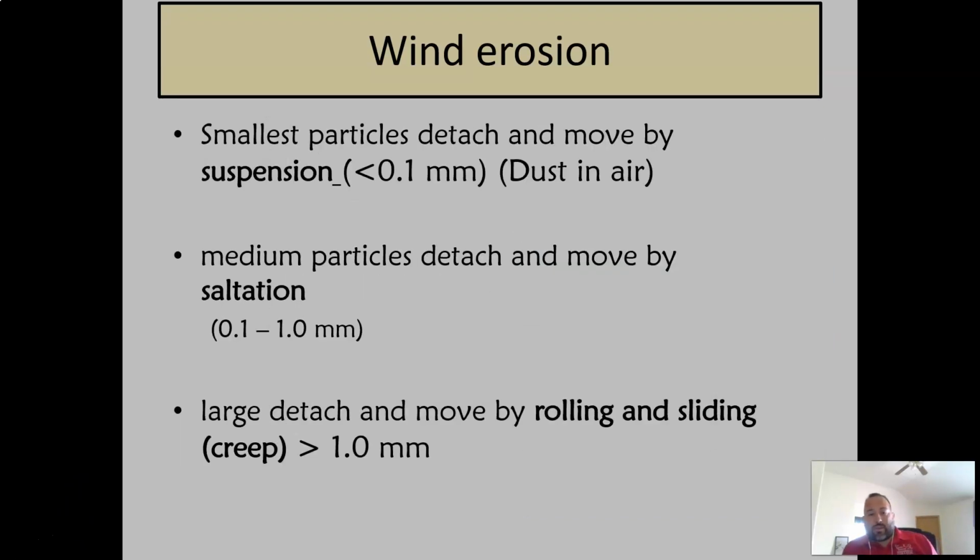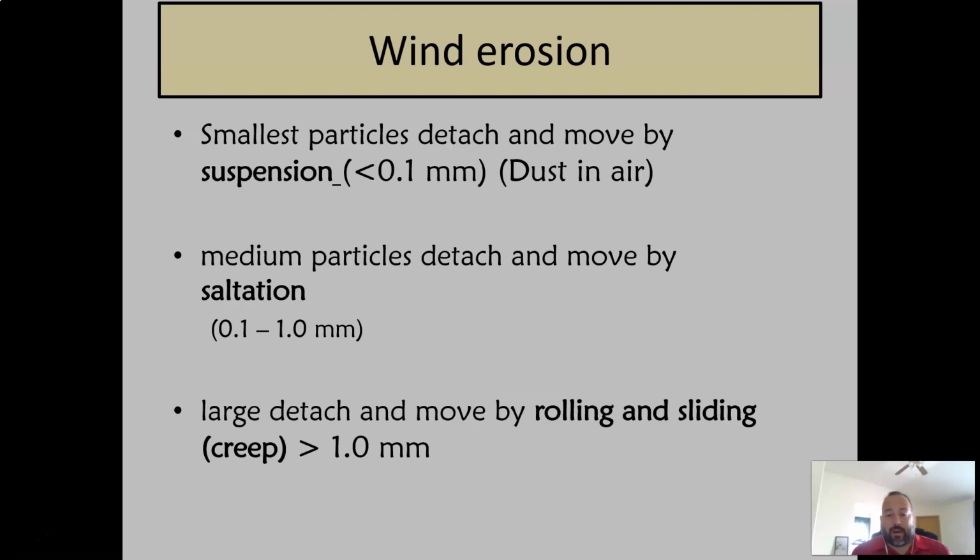So with wind erosion, we're going to have three parts to it, or kind of three different ways that soil will move through the wind. The smallest particles detach and move by suspension. When you think of dust in the air, so when we think about almond harvest season here, that's suspension, when you can kind of see it in the air.